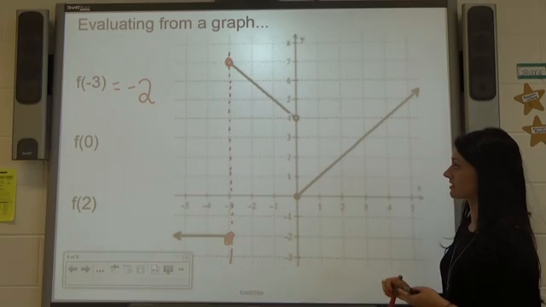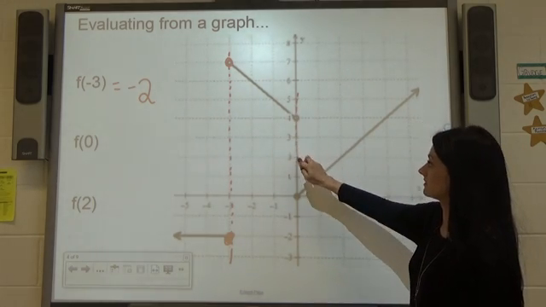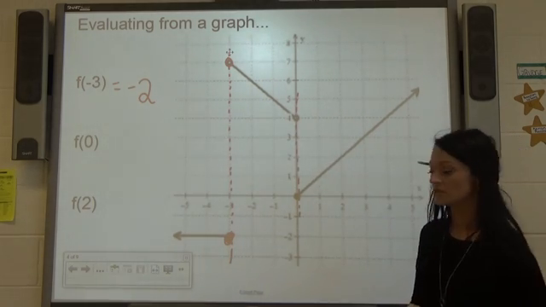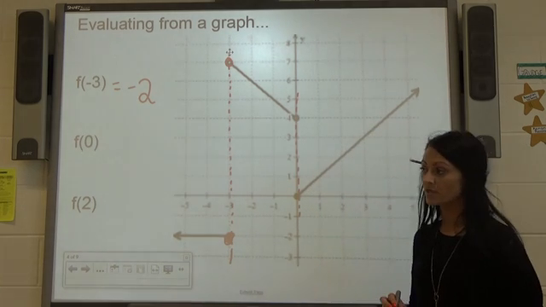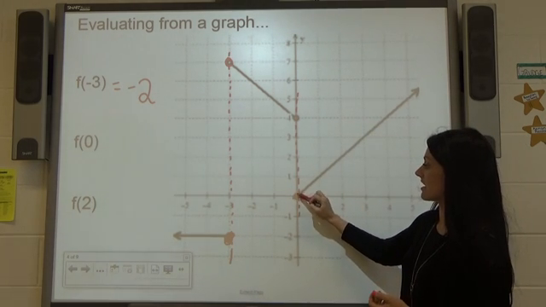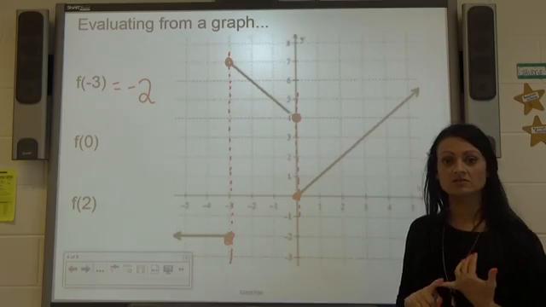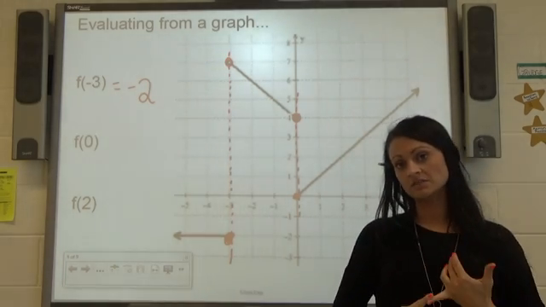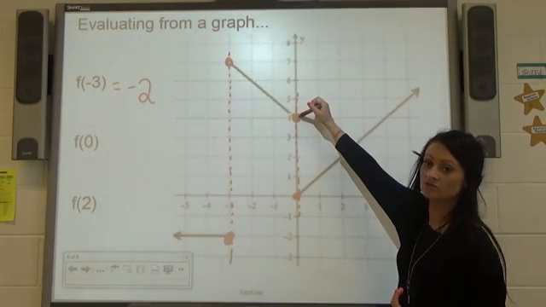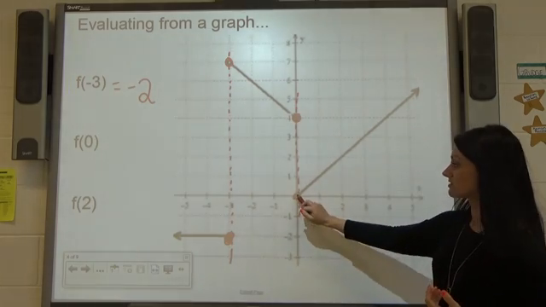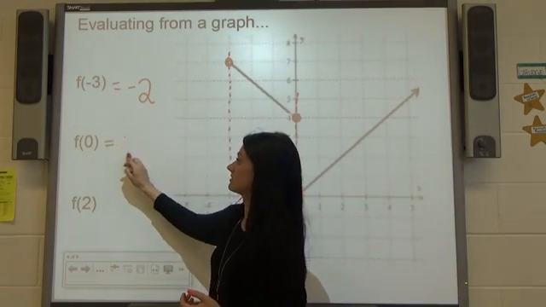Same idea with 0. If you look here, I've got two circles, one open and one closed, on the same x value. Open circles do not count because they are not equal to at that specific value. So here I would use 0.